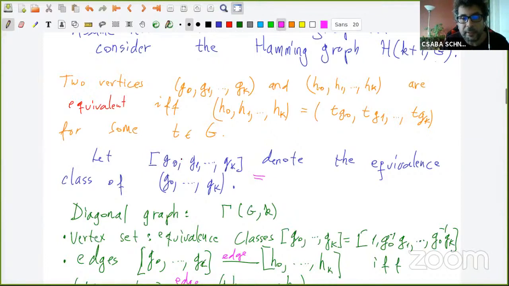If I have the equivalence class of g_0, g_1 up to g_k, this is the same as the equivalence class of the identity, g_0 inverse g_1, up to g_0 inverse g_k, right? So I can always write every equivalence class in this form, and this is a unique representation of the equivalence classes.